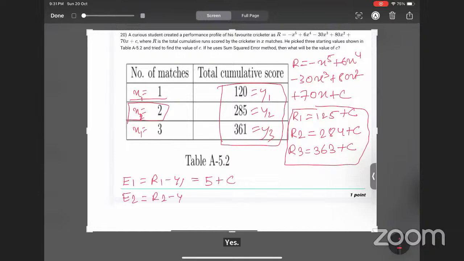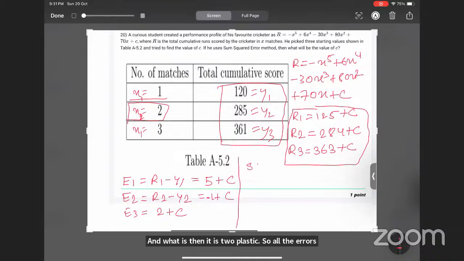R2 minus Y2, which is 1 plus C. And what is error 3? 2 plus C. Ma'am, that will be minus 1 plus C, no? Yeah, it may be minus 1 plus C. No, we are doing R2 minus Y2, right? Yes. Minus 1 plus C. And then error 3 is 2 plus C. So all the errors are correct, right?